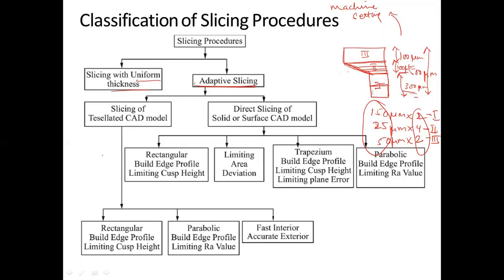Why? Because the general conception is that when you do the slicing process, at the end of the slicing process, when you cut the layers, what you actually observe is a surface area. So this is a surface area that you observe.